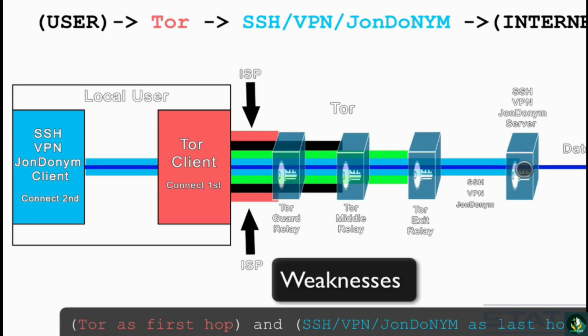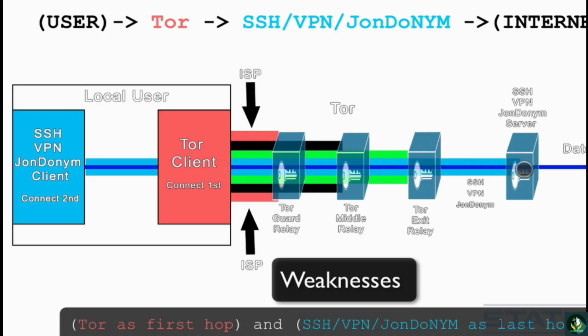Here is a risk with the VPN server, where the IP address is visible or stored. The SSH VPN server is the last server. Before this, multiple hops are connected.